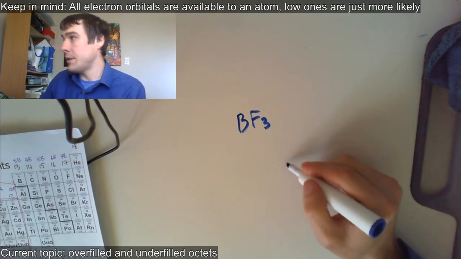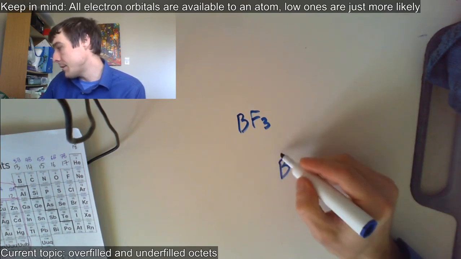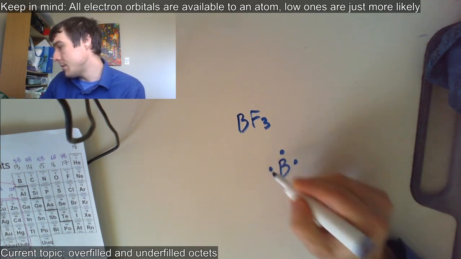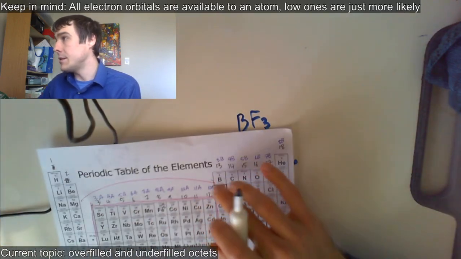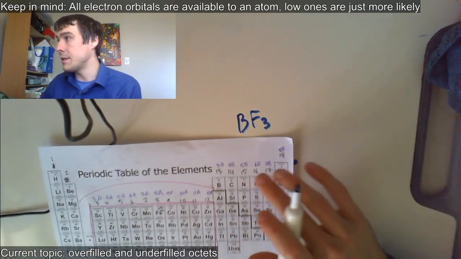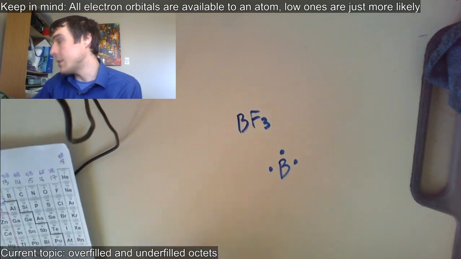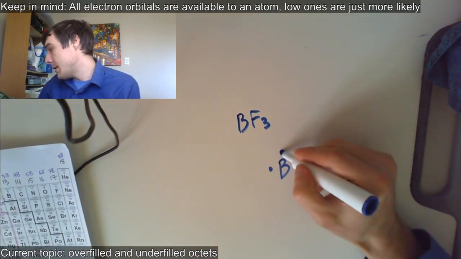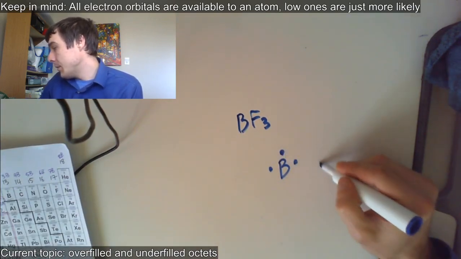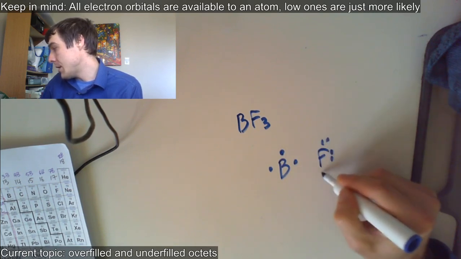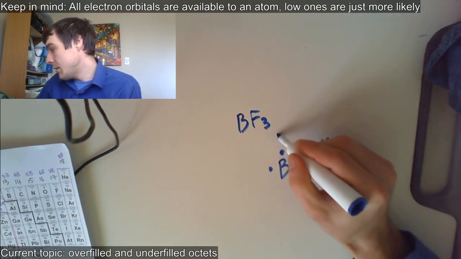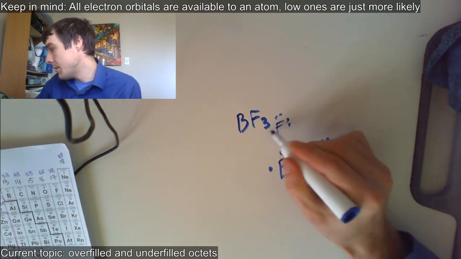And if we try to do a Lewis structure for it, we've got the boron, which has 1, 2, 3, right? Because it's in group 13, it's got 3 valence electrons. And the fluorine, each of which has 7, if you look at the periodic table.